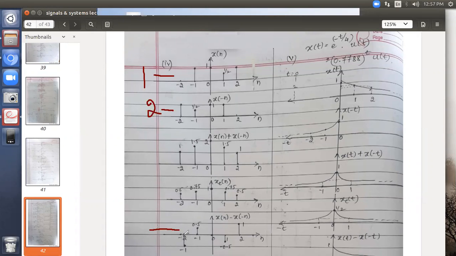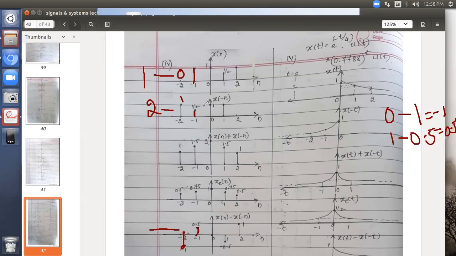At -2, check it: amplitude 0, amplitude 1. So 0 minus 1 will be -1. So I have drawn it -1. Then amplitude 1, 0.5. So 1 minus 0.5 you will get 0.5. It is plus 0.5.